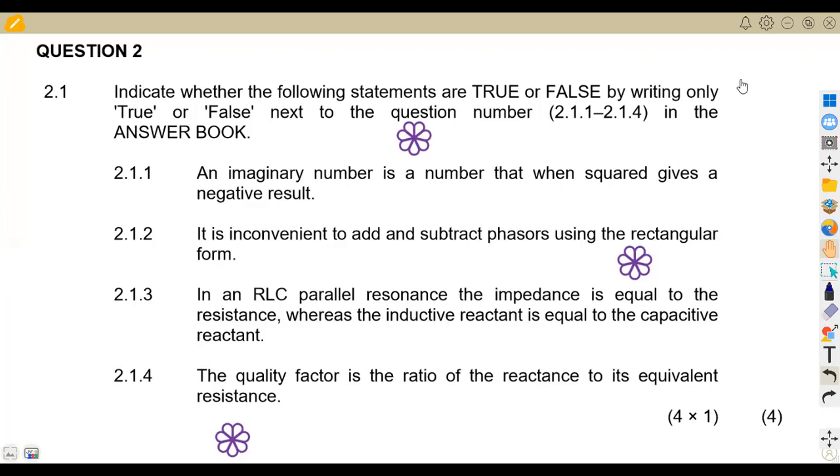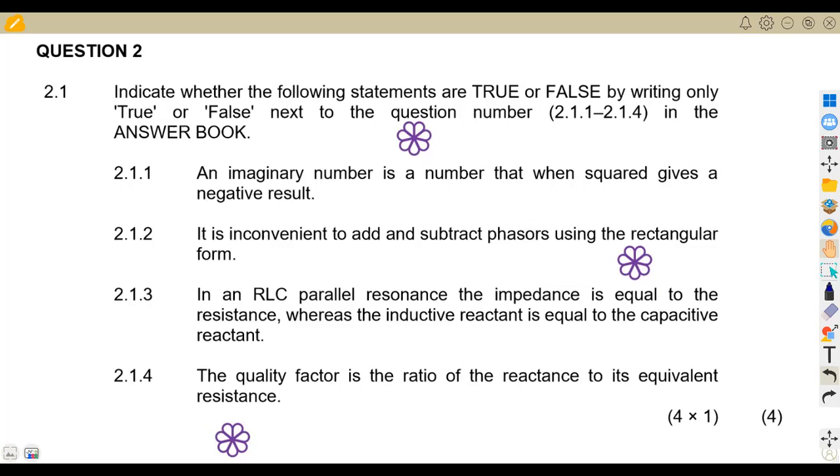Indicate whether the following statements are true or false by writing only true or false next to the question number 2.11 up to 2.14 in the answer book. 2.11, we're given: an imaginary number is a number that when squared gives a negative result. Is that so?